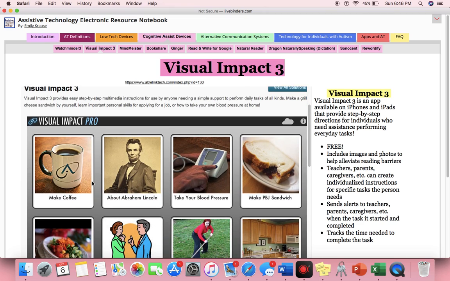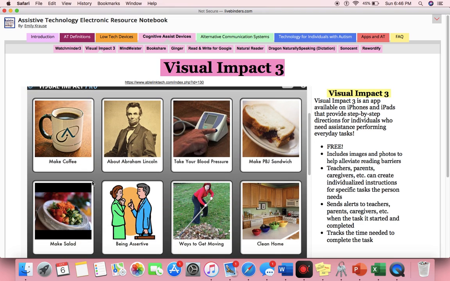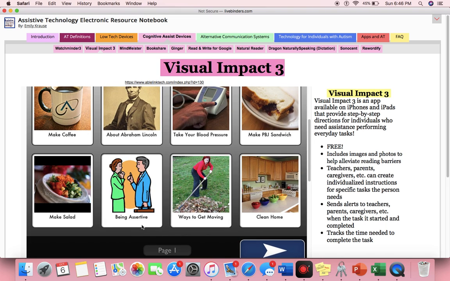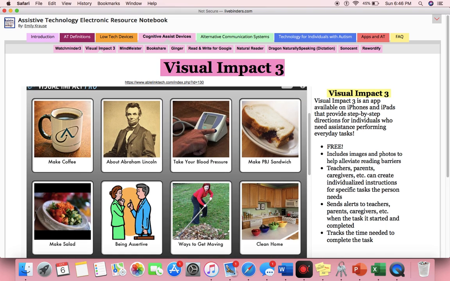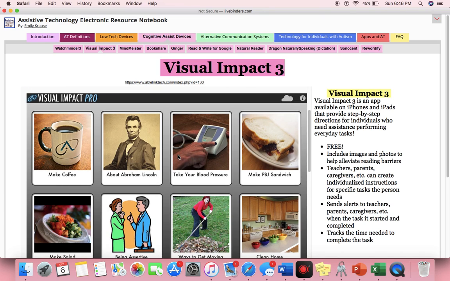A lot of times this is more for people at home, but I actually downloaded it and I'm using it in my classroom, especially for students that are, for example, working on the writing process and they need prompts on what to do first, next, then last. So I am able to go in and create my own task and give step-by-step directions, and they can use that in the classroom, which I love because I'm still helping them, but it's more independent because I'm not standing over their shoulder.